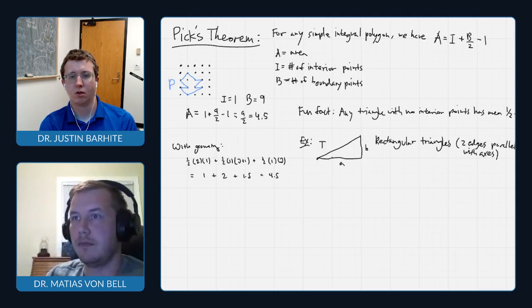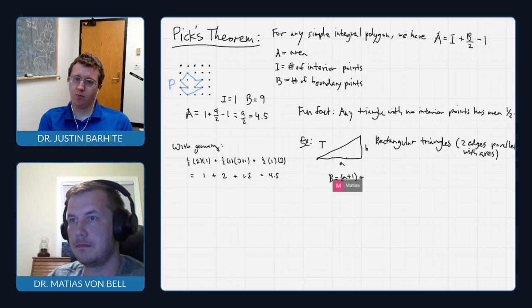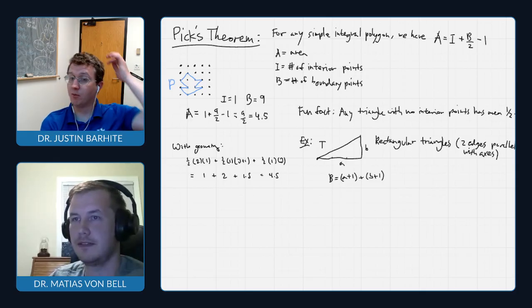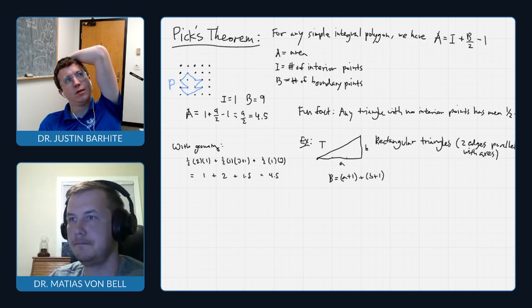So how would you count the boundary points of something like this? Yeah, the boundary points. So I'm going to see a plus 1 boundary points along the bottom, and b plus 1 boundary points on the right side. Now I've overcounted by 1 because I counted the bottom right point twice. So I think it's just going to be a plus b plus 1.